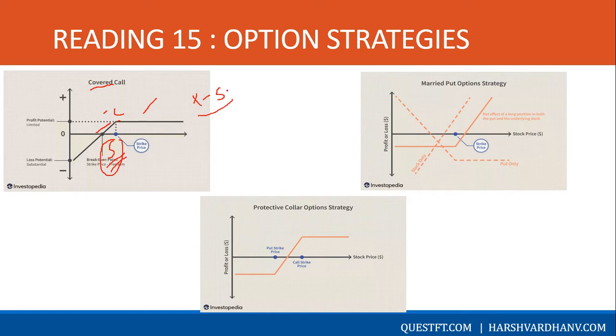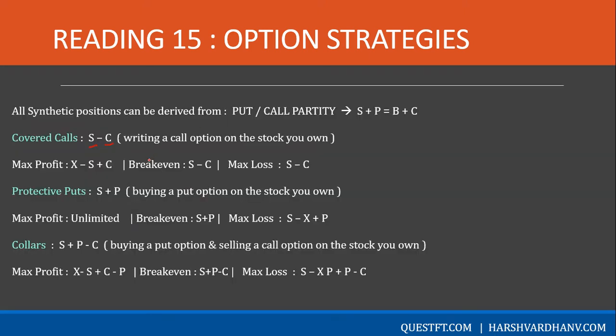But you will also deduct the premium that you have paid to enter into this stock, but in this case you have earned the premium, so you will have a premium as a plus, right? So your maximum profit will be X minus S plus C, that is the premium that you are earning on the call option.